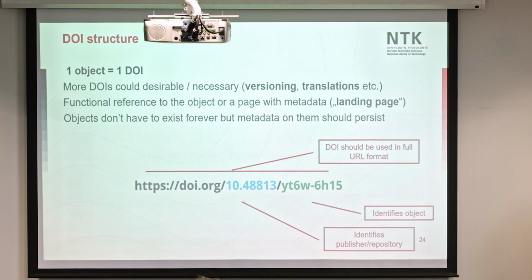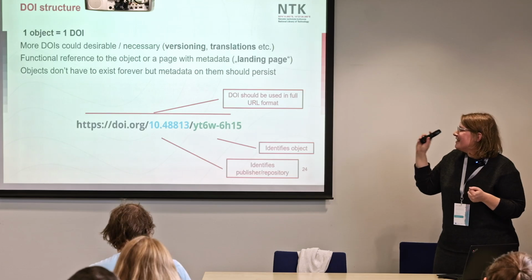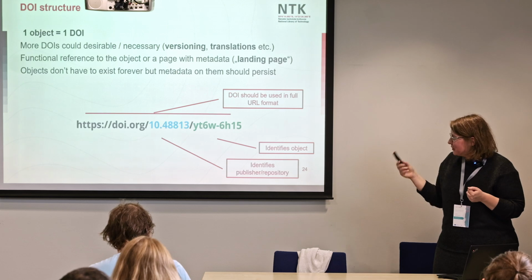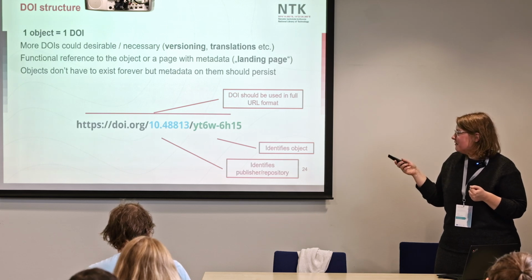Just some basics. Here's an example of a DOI. DOIs in general should be displayed in this full URL format. Among other reasons, it is much more usable for people, for humans. There is always the blue part, which is called the prefix, that identifies either a publisher or a certain repository.